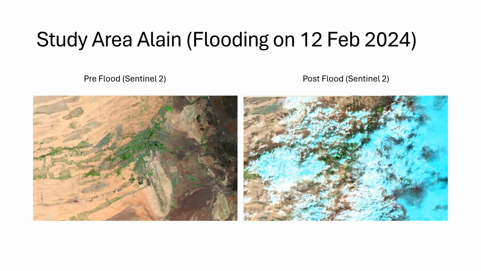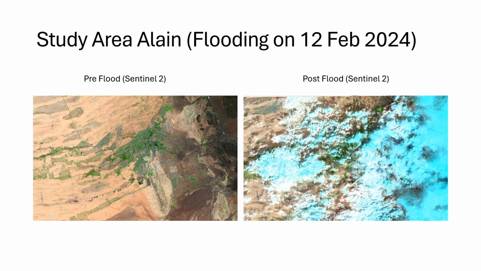So the primary flooding area is going to be Al Ain in the UAE. Recently this year, on 12 February 2024, there was a lot of rainfall over there, especially in the UAE: Dubai, Abu Dhabi, Sharjah, and areas such as Al Ain.